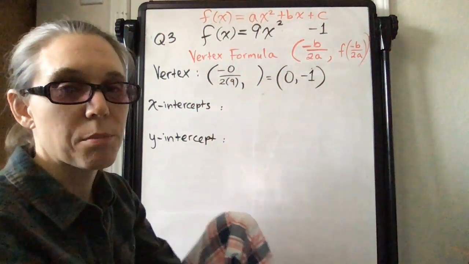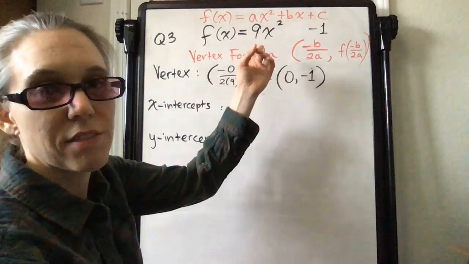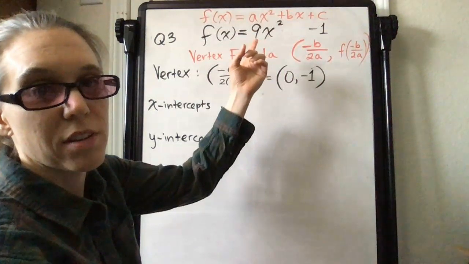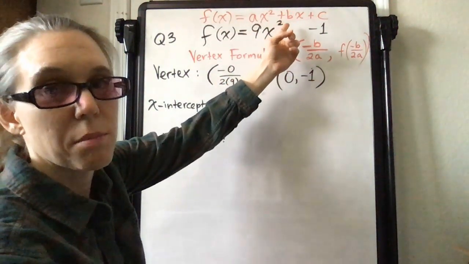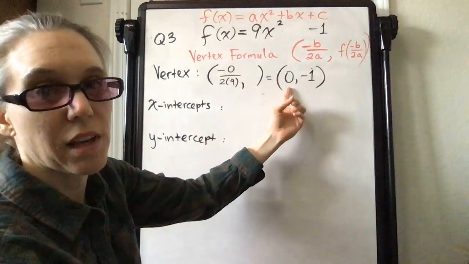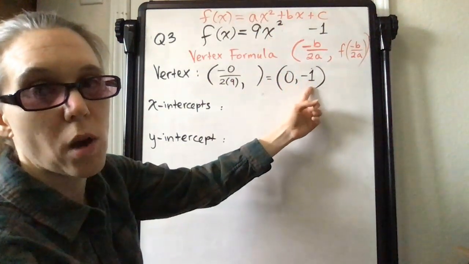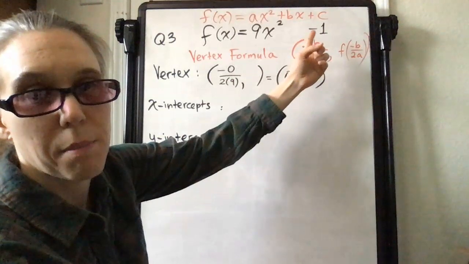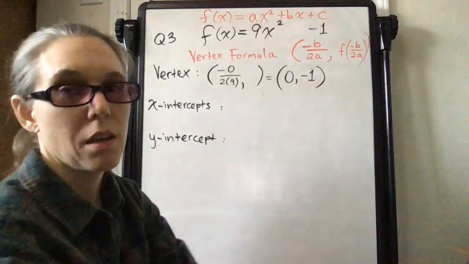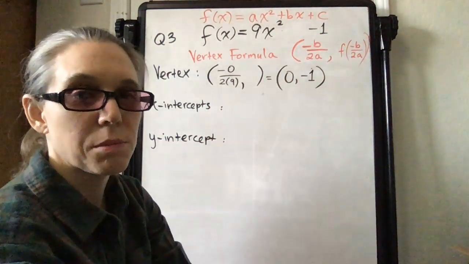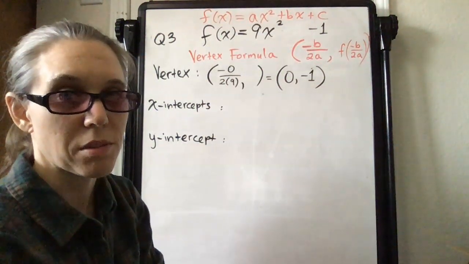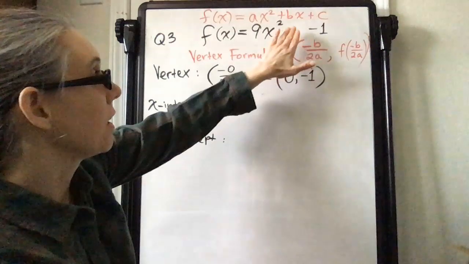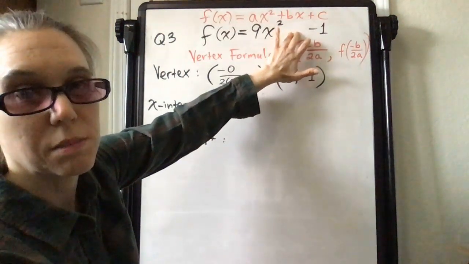And once you get a hang of parabolas, you can see that you don't even need to have the formula. If your b value is missing, you're automatically going to have an x value of 0, and the y value of your vertex is going to match c. Okay, so that leads me to how to find the x and y intercepts. Let's start with the y-intercept. This is a special case again. Anytime b is 0, this is a special case.